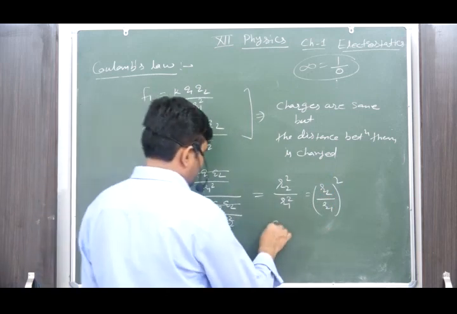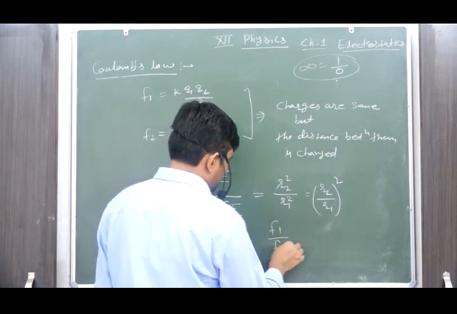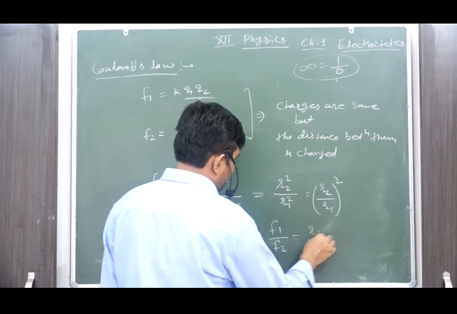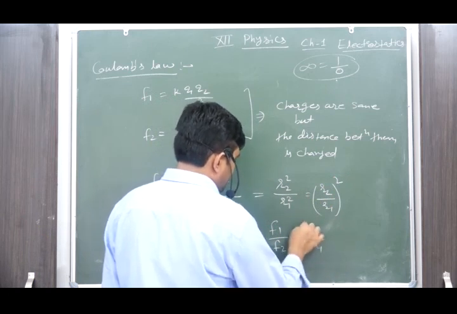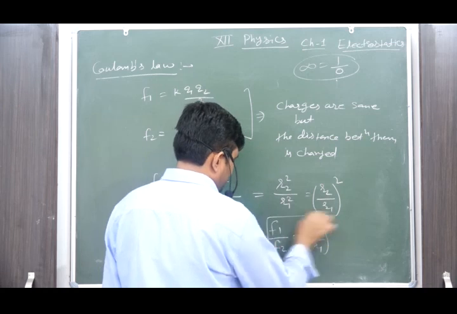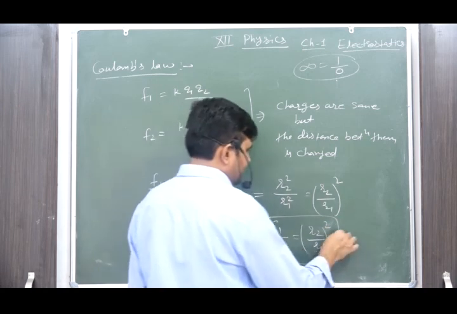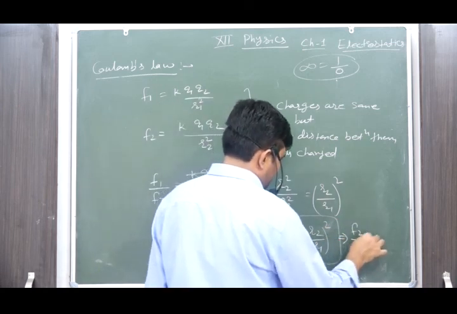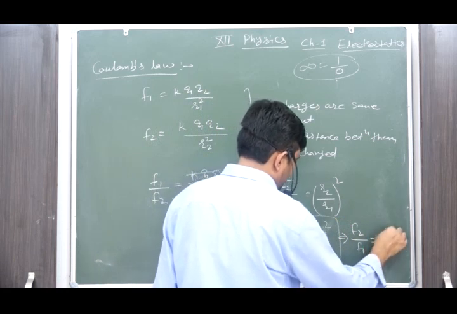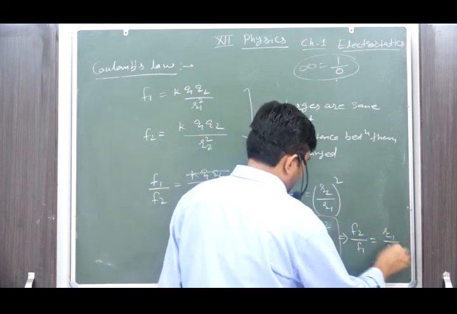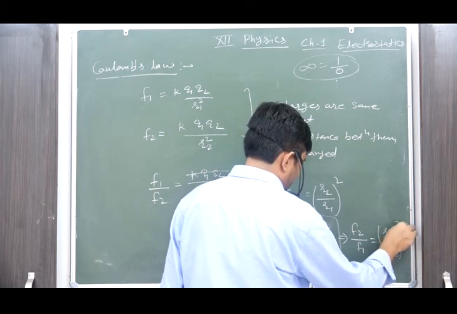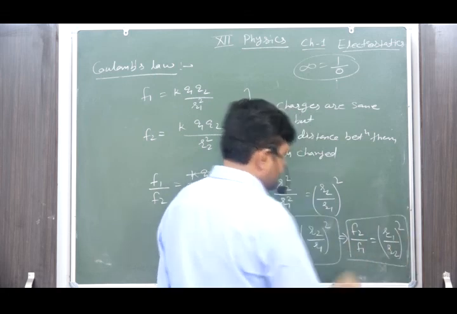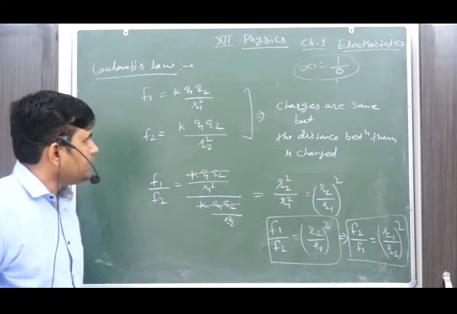Now the concluded formula is F1 upon F2 equal to R2 upon R1 whole square, or we can also write F2 upon F1 equal to R1 upon R2 whole square. Clear?